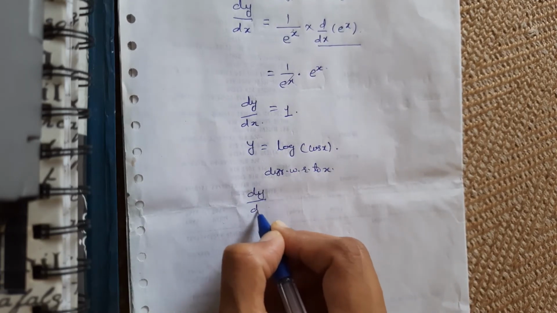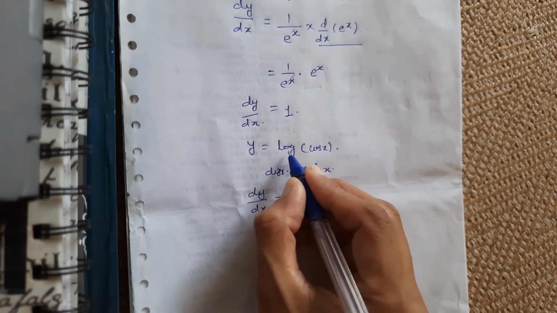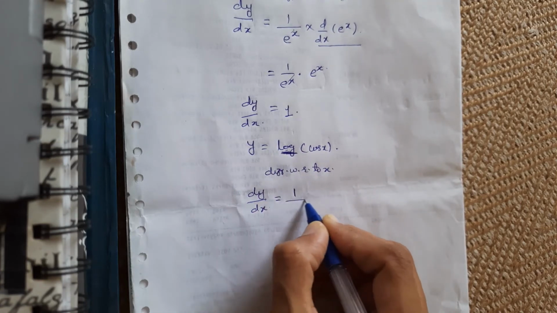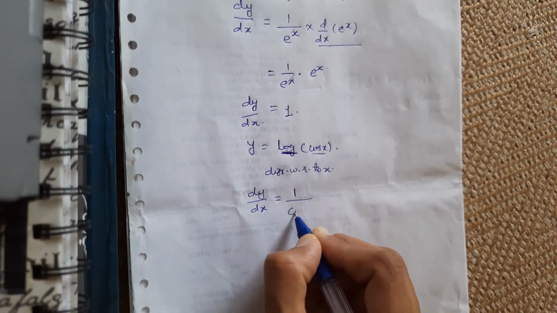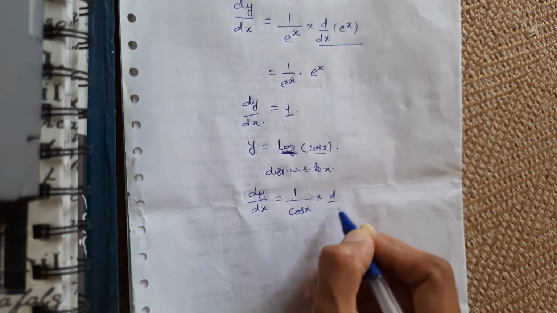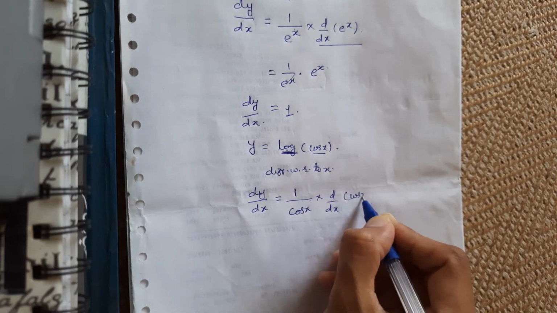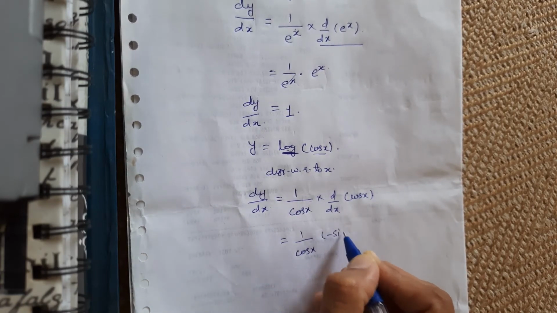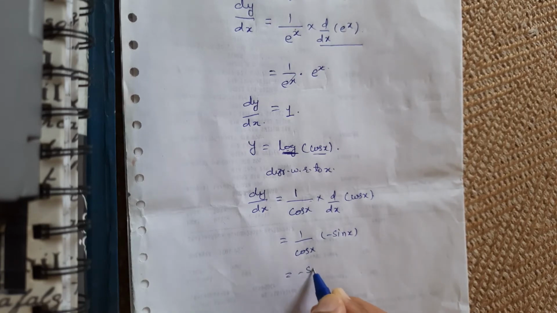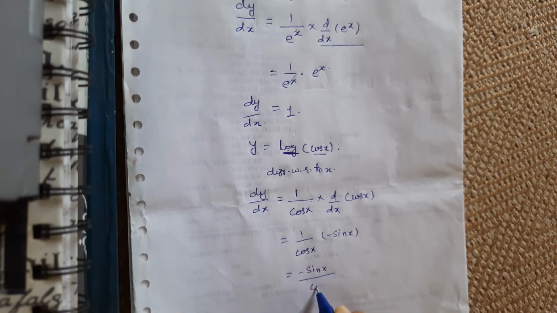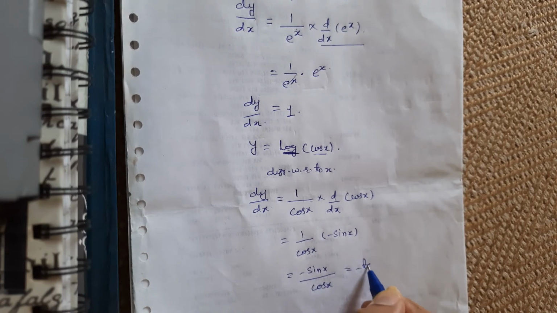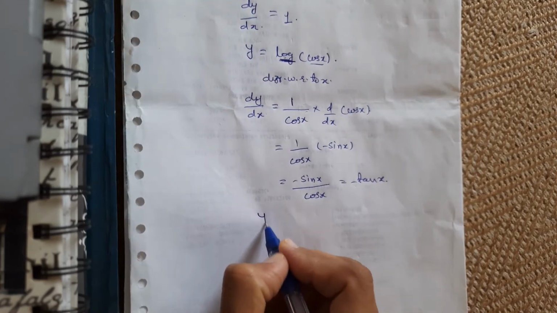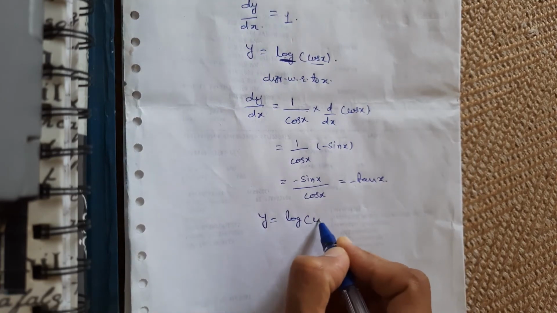So dy by dx equals, first I need to write the derivative of the outer function, that is log, which is nothing but 1 upon x, and my x is cos x here, so 1 upon cos x multiplied by the derivative of cos x, which is minus sin x. So minus sin x upon cos x, which is minus tan x. This is the derivative of y equals log of cos x.